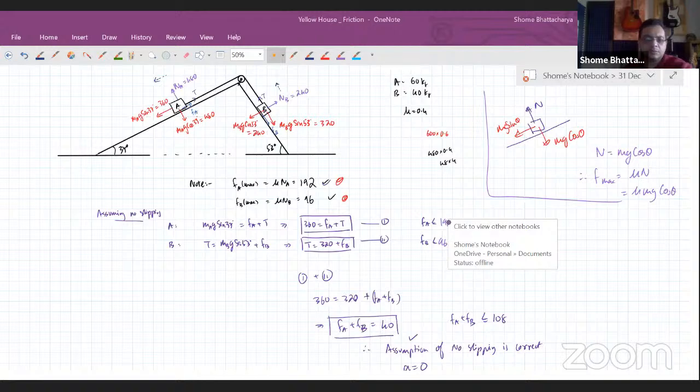Now see, coming back to equations 1 and 2, they are telling us that if the block should remain at rest, that is what friction's priority is. Friction is trying to keep the system at rest. Then how much is the total amount of friction required?